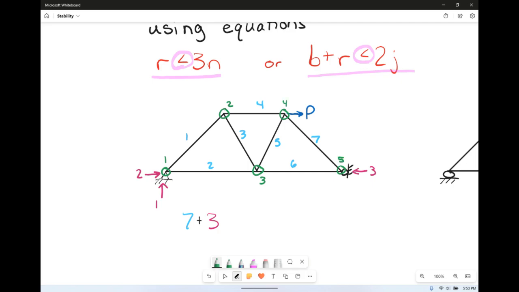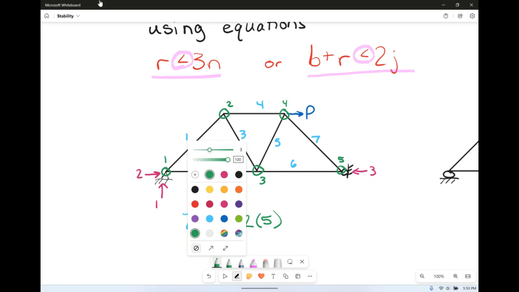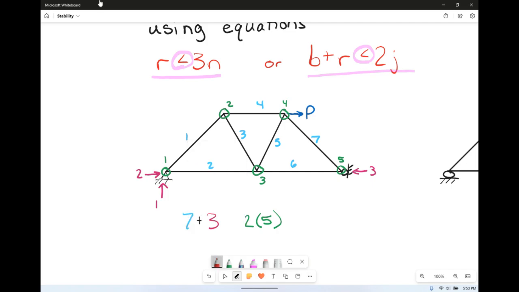Remember, it's 2 times J, so 2 times 5. So 7 plus 3 is 10, and 2 times 5 is 10, so this is determinate. So this is a determinate truss, but that does not make it a stable determinate truss.